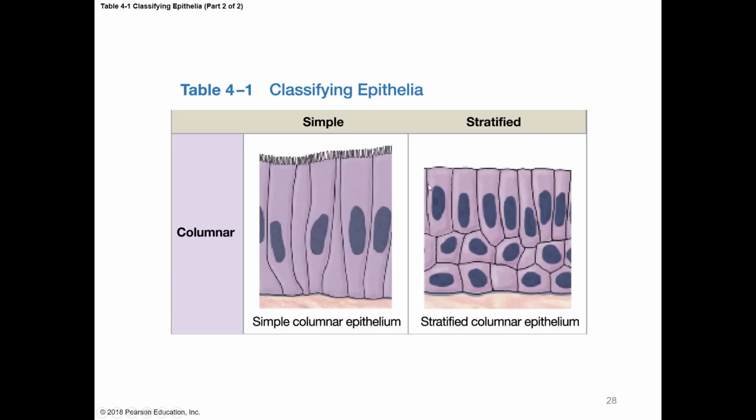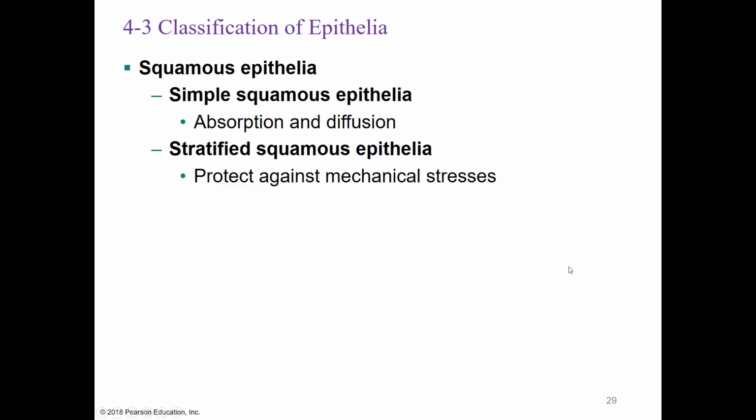Those are definitely columns, stratified columnar epithelium. Okay, so as we move on to the next, reviewing squamous epithelia. Simple squamous is good for absorption and diffusion. Stratified squamous will protect against mechanical stresses. So anything that's close to the outside or on the outside will be stratified.